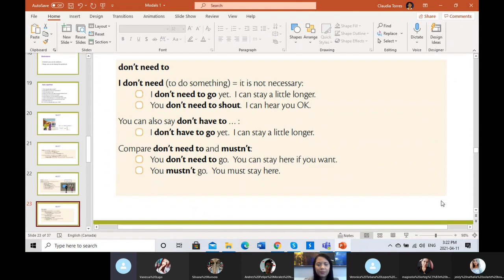Teacher, when you say "don't need to," it means it's not necessary. But when you say "you mustn't," it is obligatory not to do it. Yes. Very well, Natalia. Nice. Thank you.